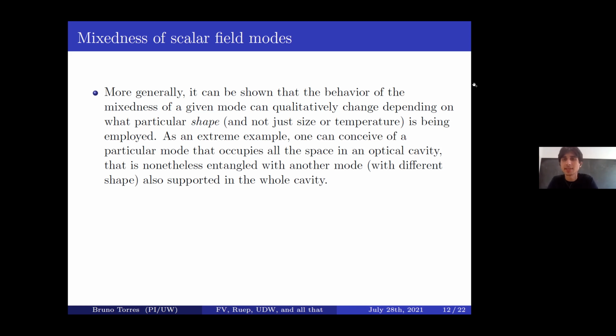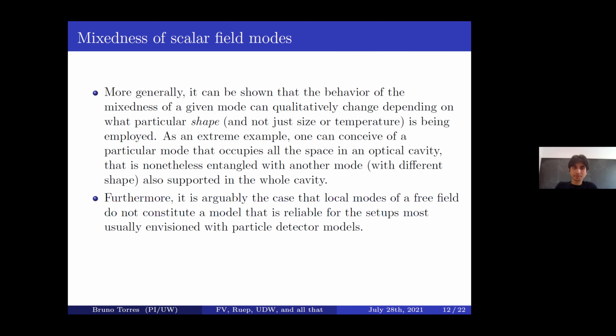And the bottom line is that just defining a size and a temperature for the ambient field is not enough to draw any more specific conclusions about the mixedness of the mode and how that would impact the particle detector.